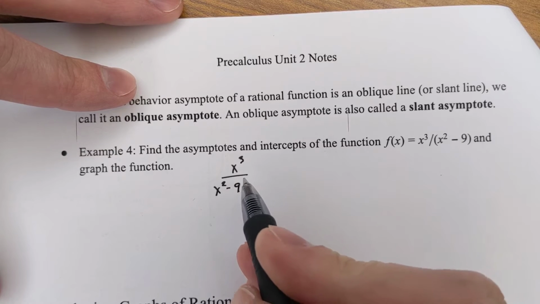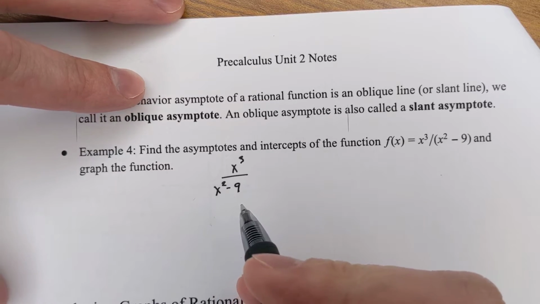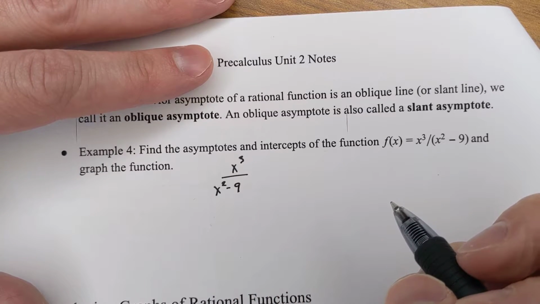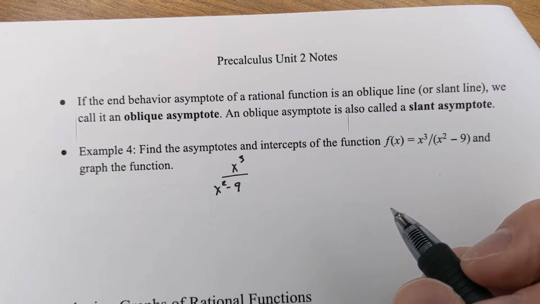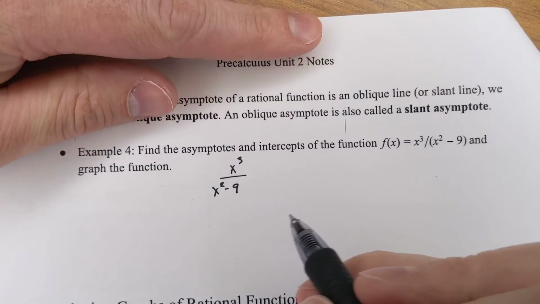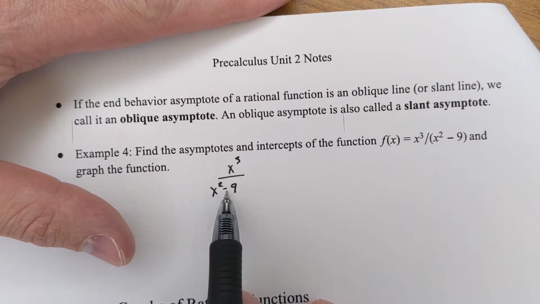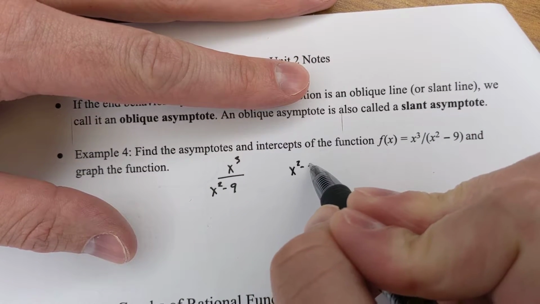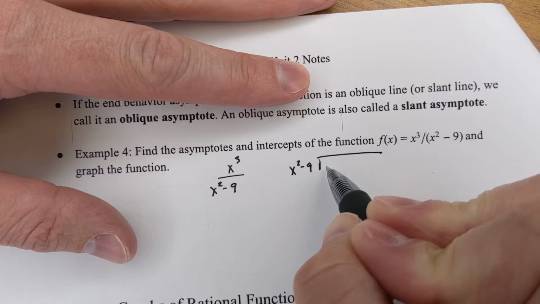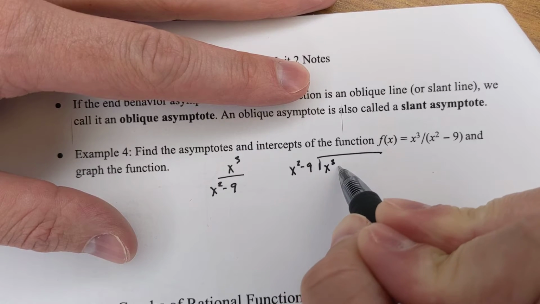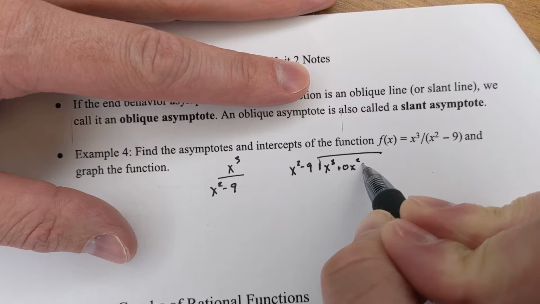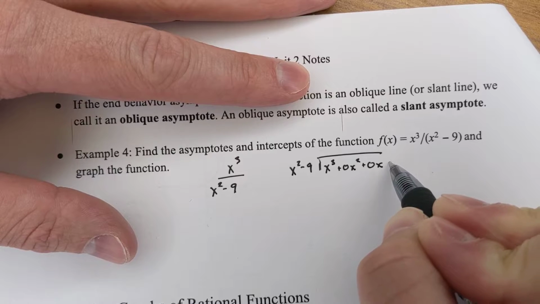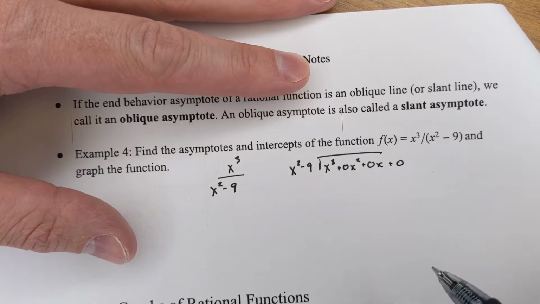So I need to actually work this division out. But I can't use synthetic because that's not an x. So x squared minus 9 is going to go into x cubed. I'm going to fill in all of the values less than it, just so I have a place to put it.